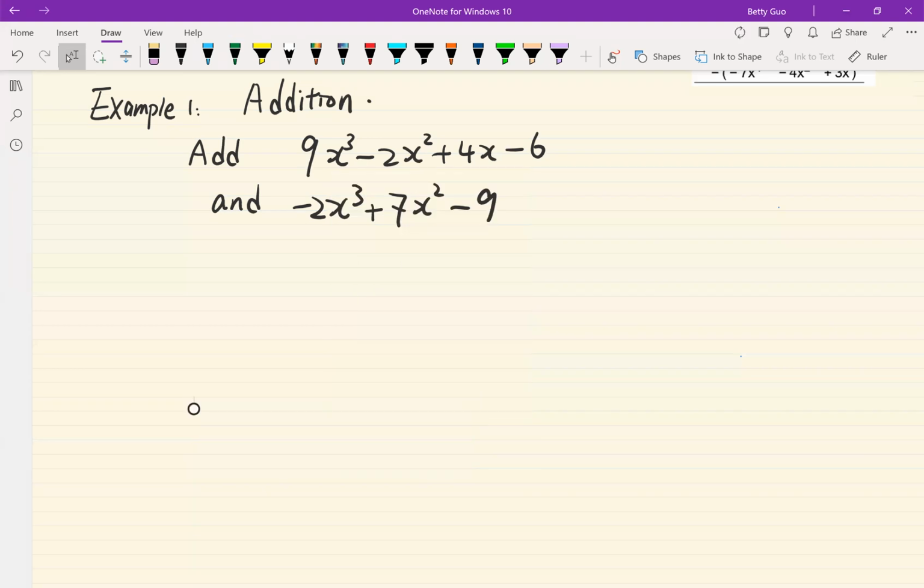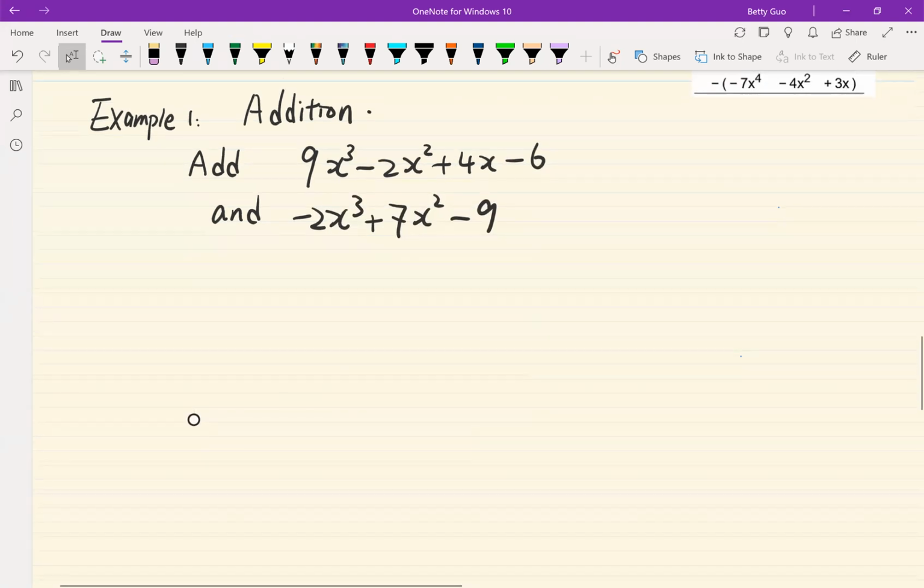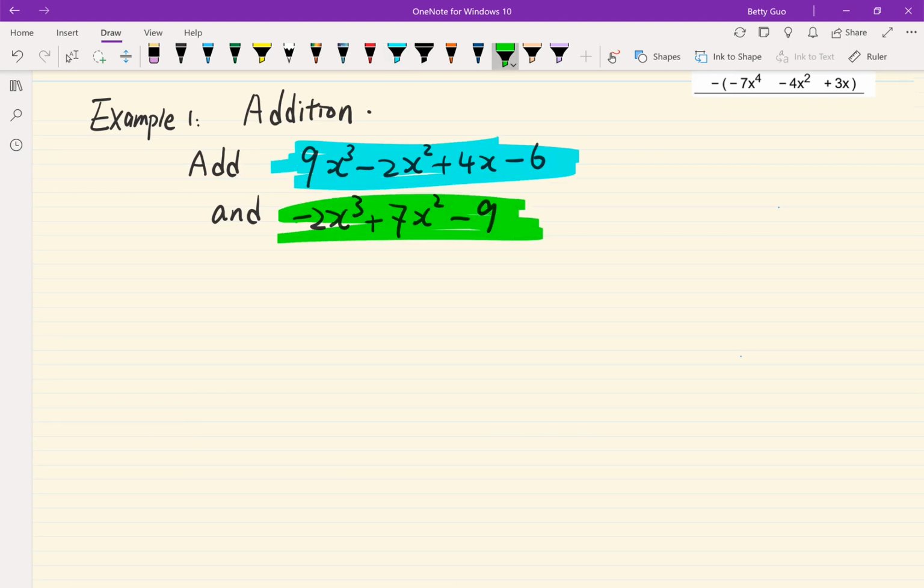We are taking the addition of 2 polynomials. One is in blue, the other is in green. I'm going to show you 2 different methods for adding 2 polynomials, okay? Method 1.